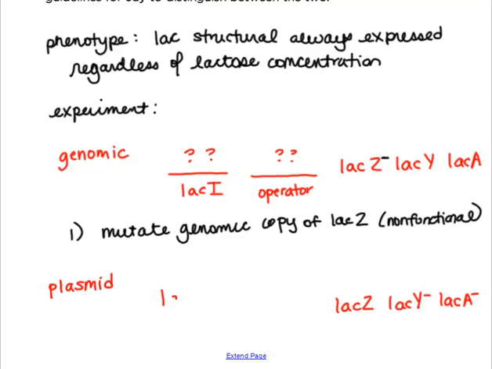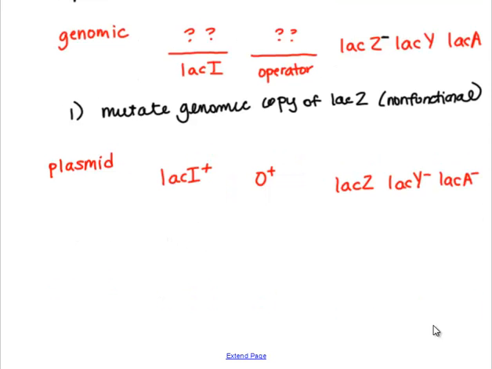So we want to have LAC-I plus and a wild-type O plus operator. Okay, so the reason why we have a functional copy of the LAC-I gene, a wild-type copy, is that now this plasmid will make a functional repressor. And this will be a functional operator that can respond to repressor.